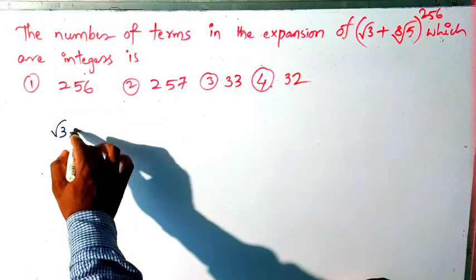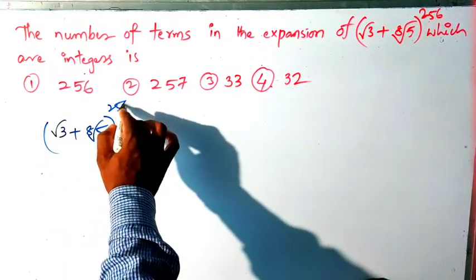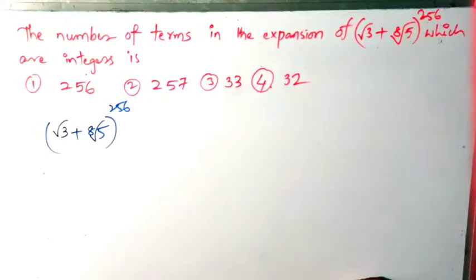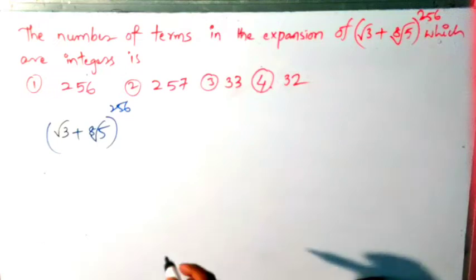(Square root of 3 plus 8th root of 5) whole power of 256. The total number of terms of this given expansion is nothing but 256 plus 1, that is 257 terms.